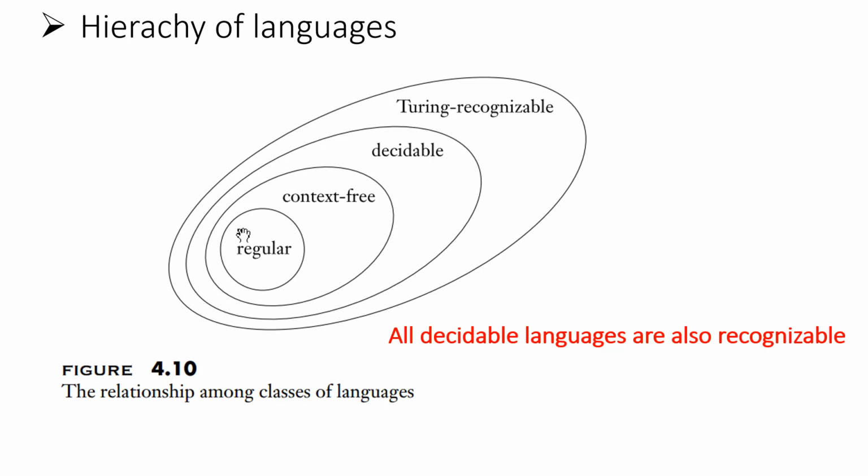Higher in the hierarchy are languages defined by Turing machines. At this level are decidable languages and recognizable languages. Especially, all decidable languages are also recognizable. We will analyze more on these two classes of languages in a few minutes.